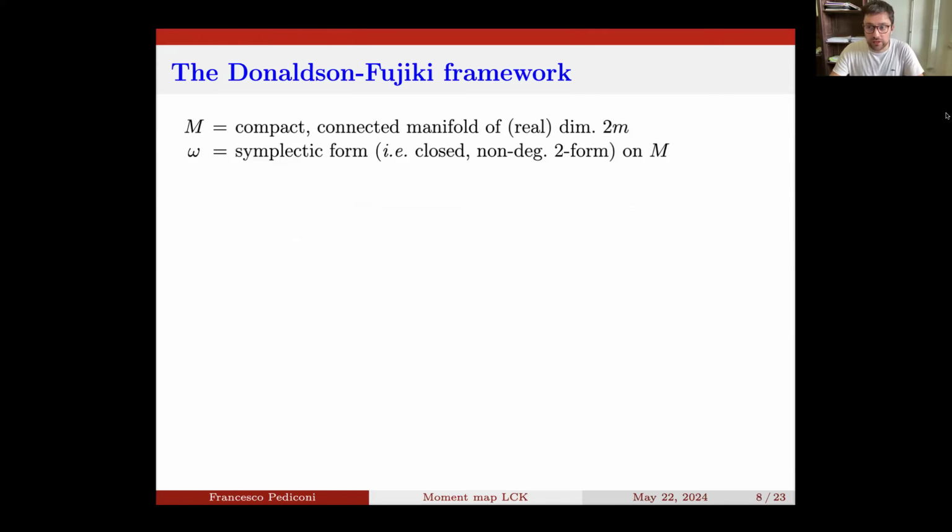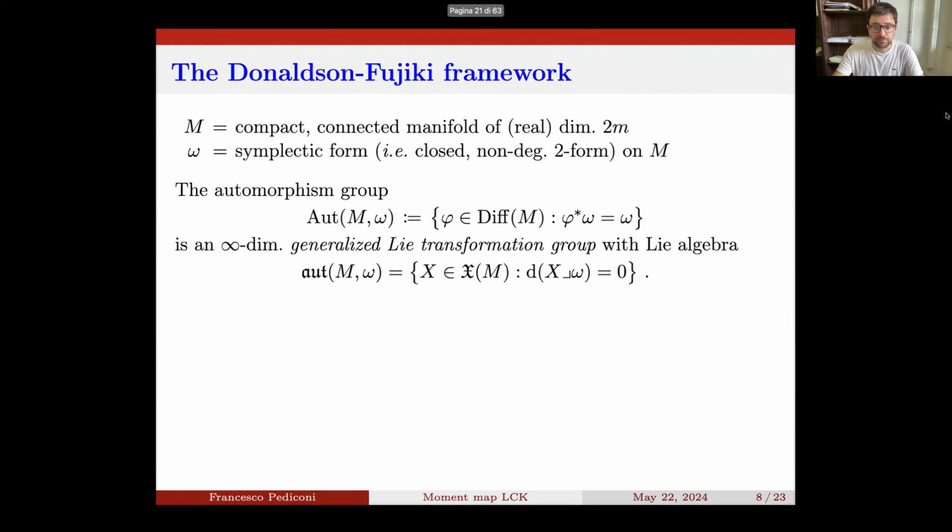Okay, so the setup here is the following. You fix your compact manifold, which you can assume is connected, and you fix a symplectic form. As before, it's going to be a closed and non-degenerate two-form on M. The natural symmetry group associated to ω is its automorphism group, that is, the diffeomorphisms of the manifold that preserve ω.